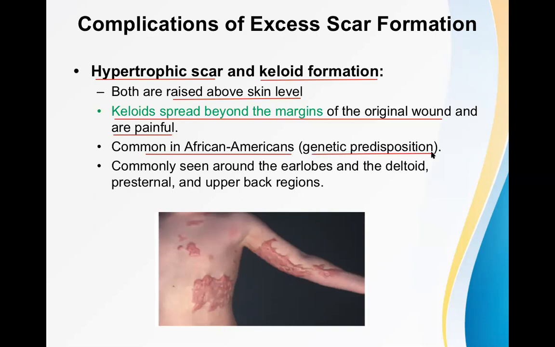Now see this, this is a very interesting point. This is commonly seen around the earlobe, in the deltoid area, pre-sternal area, and upper back regions. These are more common, but they can occur anywhere, especially in genetically predisposed people.